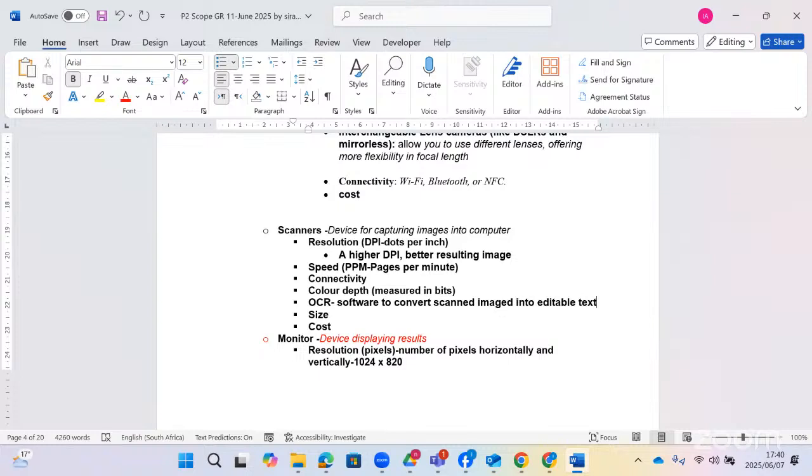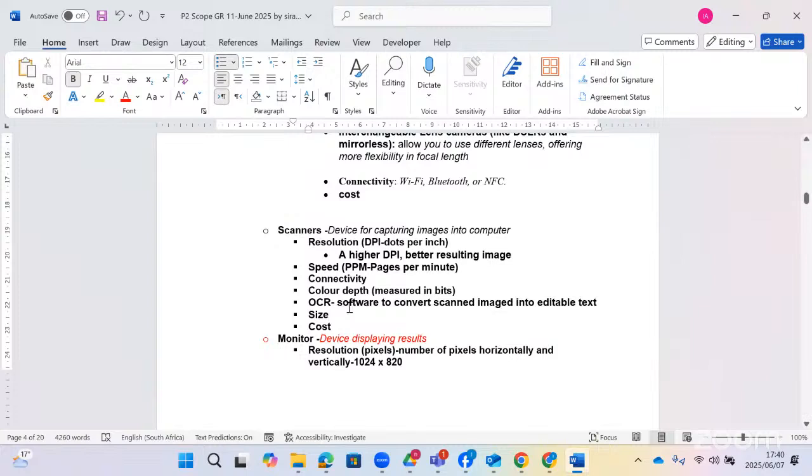So when you scan, let's say your book or your document, and you want to make changes or edit, you need software called OCR, which stands for optical character recognition. That will allow you to convert the scanned image into editable text. Then the size and then the cost. There are some printers you must consider. Maybe you are using it in your small office and then you go and buy a big printer. It's going to affect it also.